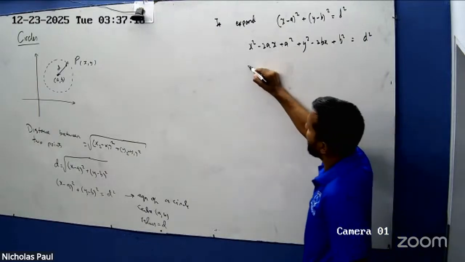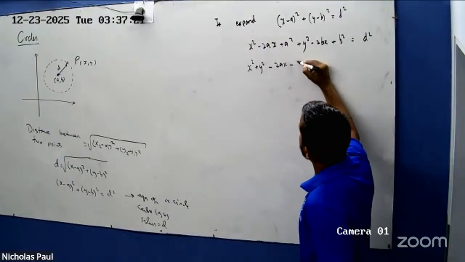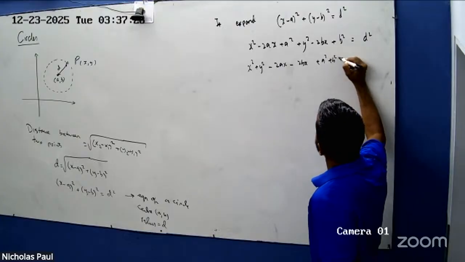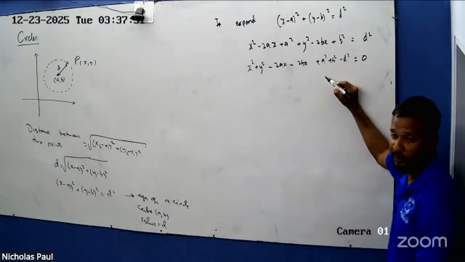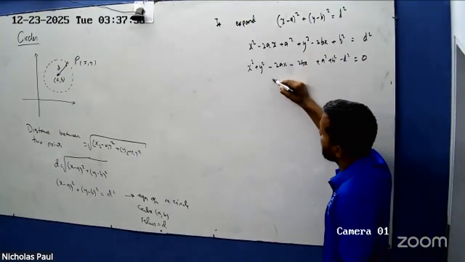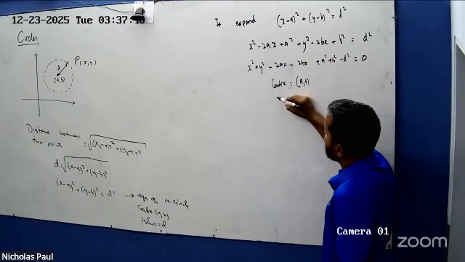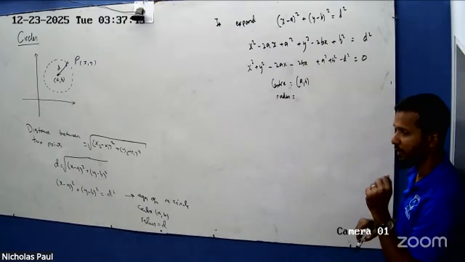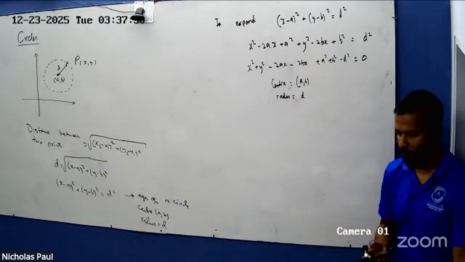If I were to bring these squares together, leave this here, leave this here, and add up a squared plus b squared minus d squared, I will have the next equation of a circle, right? Here, you may remember, center is the same thing. Center is AB, and radius is what? What's the radius here? The radius will be d, right? But we have to be able to work it out, right?